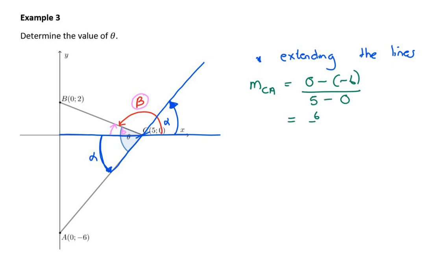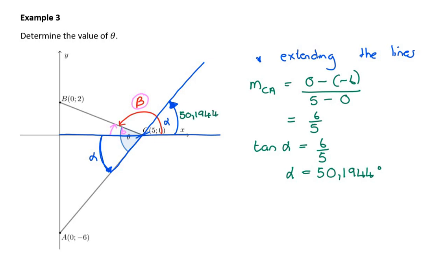So that becomes 6 over 5. Now that makes sense because it has to be positive. That is an upwardly sloping graph. So tan of alpha is 6 over 5. So if I shift tan of 6 divided by 5, remember not tan, shift tan, I get 50.1944 degrees. So this angle here is 50.1944.